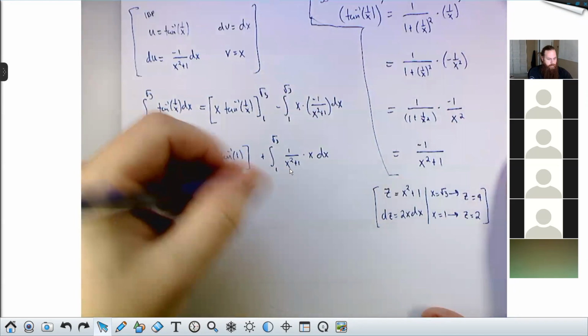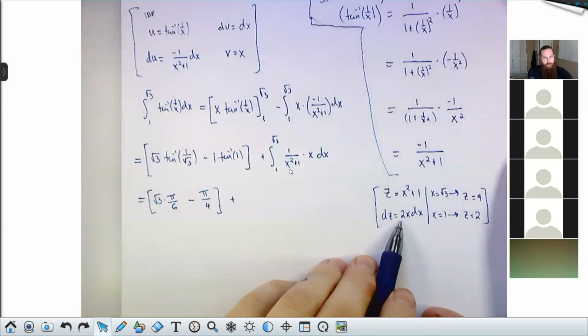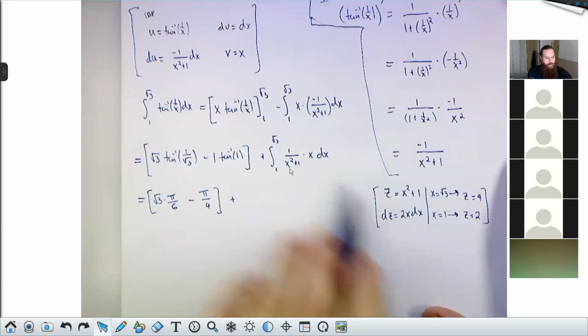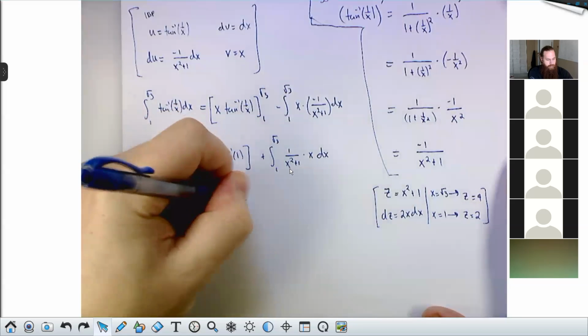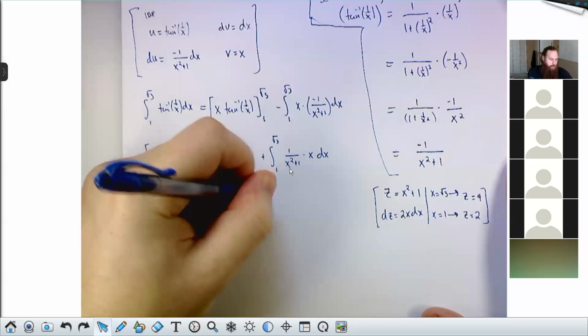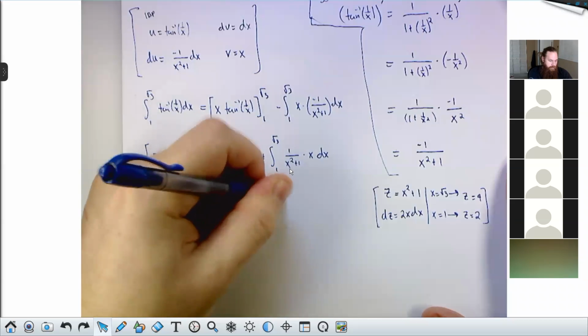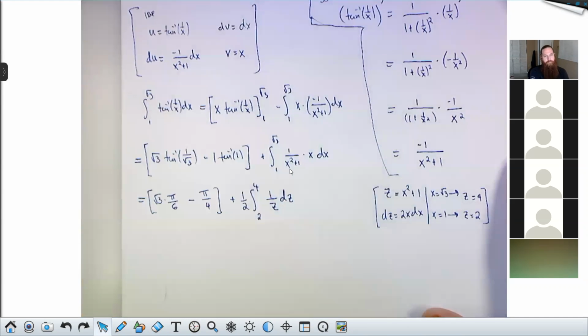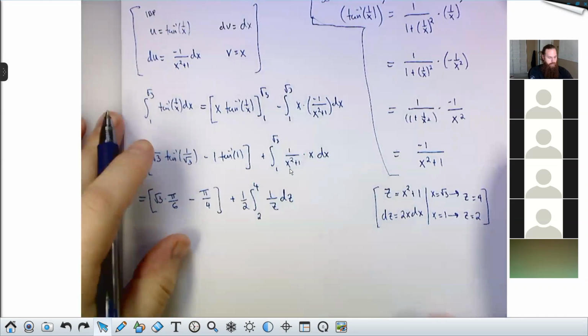So my new integral here, I'll have a 1/2 coming from this differential. x dx is 1/2 dz. Integral 2 to 4, 1 over z dz. And this piece will become a natural log.